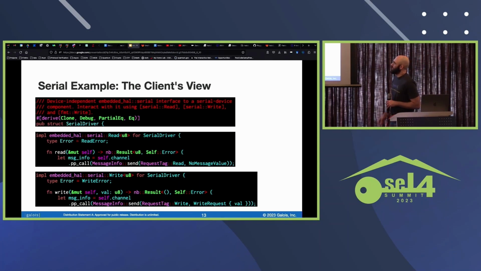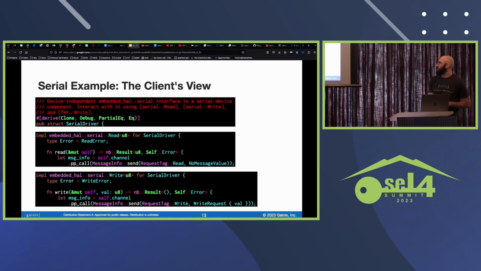So you have a serial driver struct, and it implements the embedded-hal serial read and write traits, and you can see in the implementations of those traits, it's using protected calls, maybe notifications, maybe shared memory. It's doing all this stuff to communicate between the two protection domains, but it's all encapsulated in this adapter.